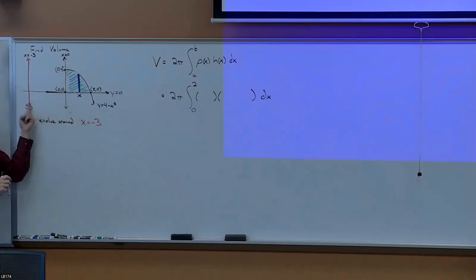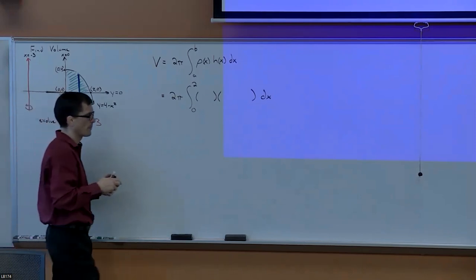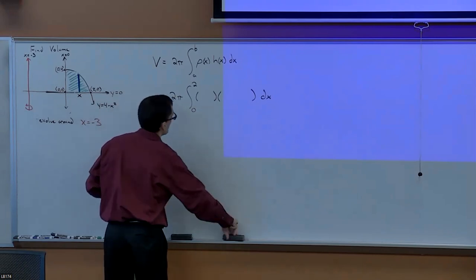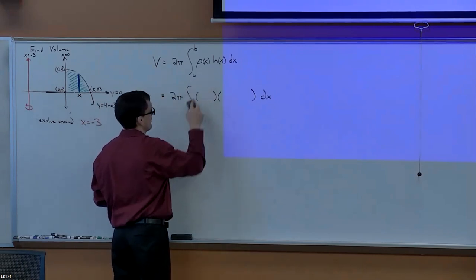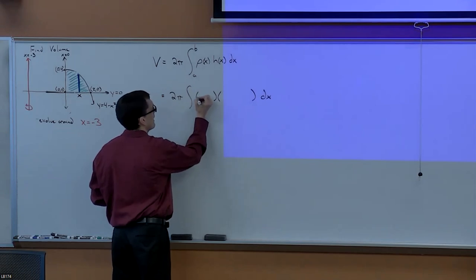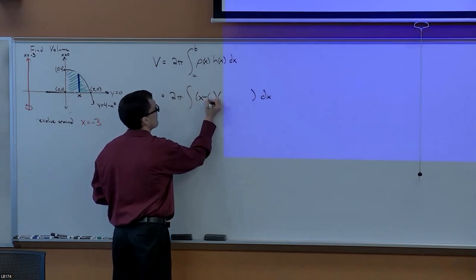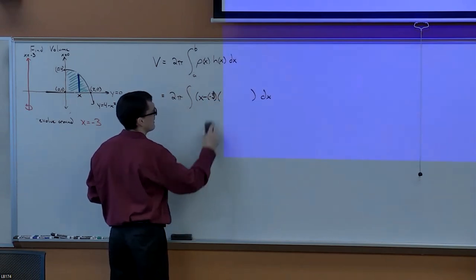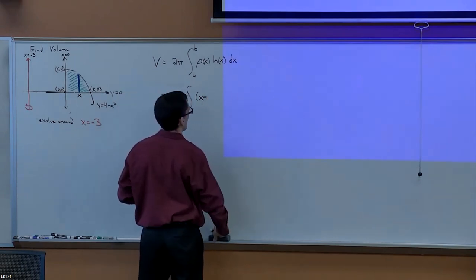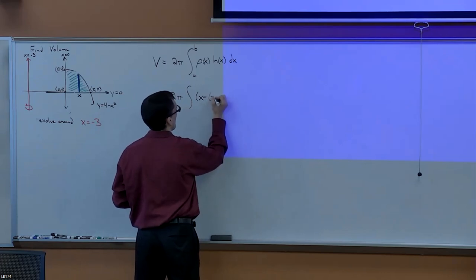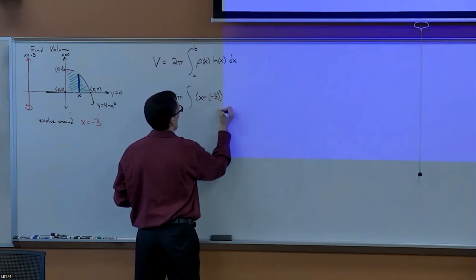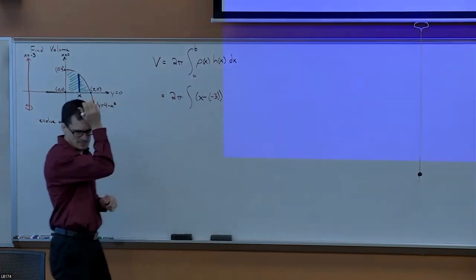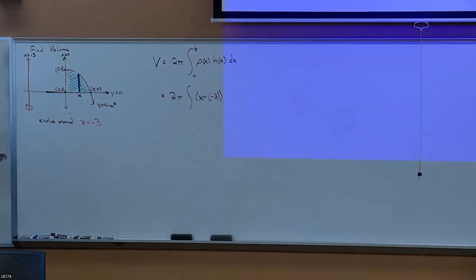So the radius now goes from arbitrary x value down to -3. Is that okay?